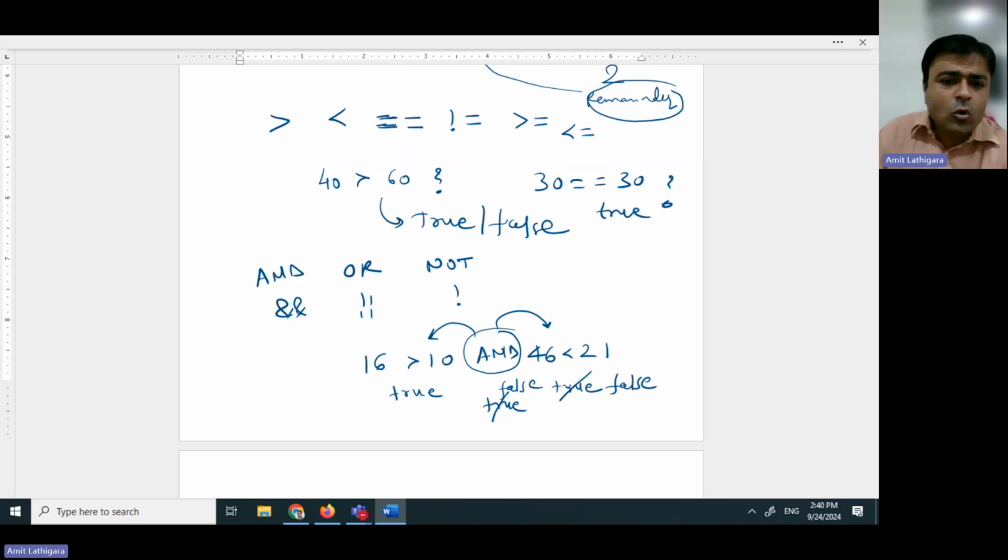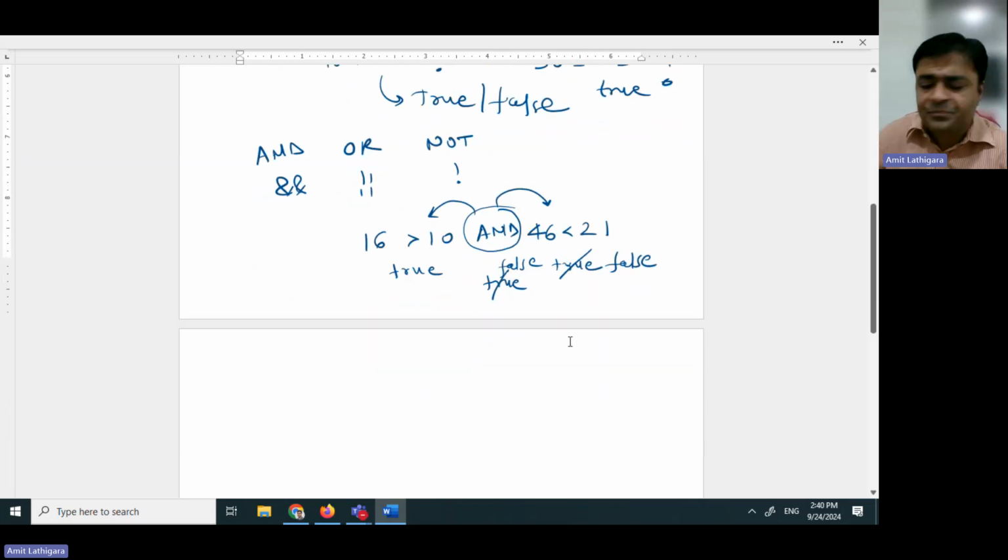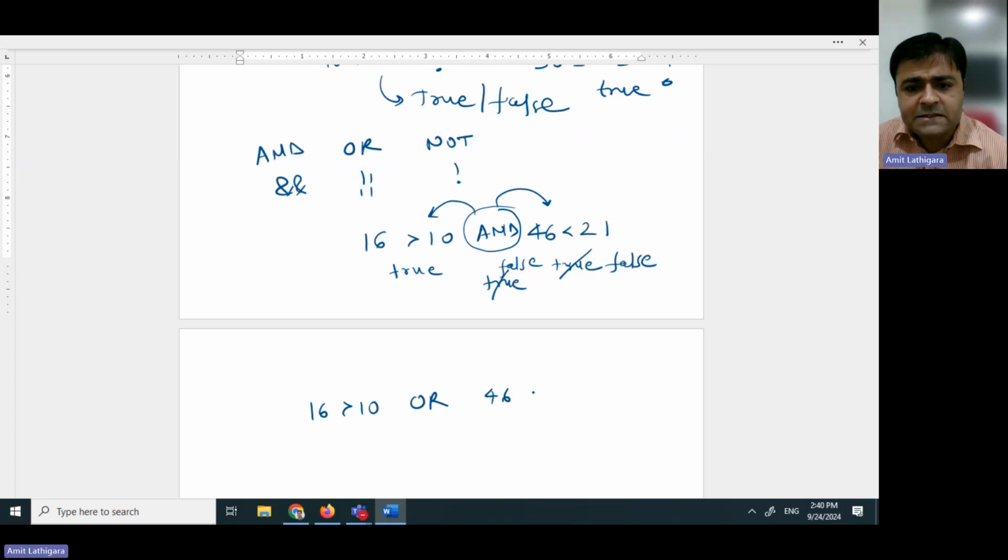Next is logical OR. Logical OR means if any of the operands results in true, then the answer is true. For example, 16 greater than 10 or 46 greater than 21. So 16 greater than 10, this is true. 46 less than 21, this is false.